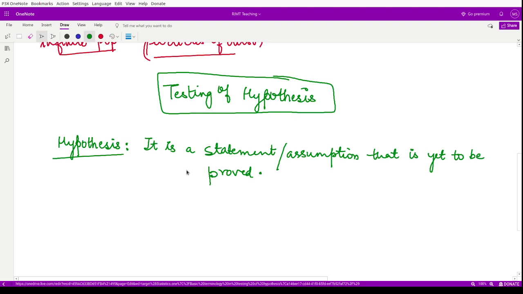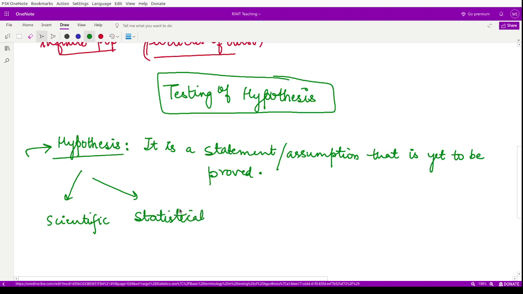So hypothesis here in statistics means we are giving a statement which could be true or could be false. Depending on that, we will do the calculations and judge whether the statement that we created at the start of the problem is correct or incorrect. So that would be hypothesis. Now there could be two kinds of hypothesis. One is the scientific hypothesis, another is the statistical hypothesis.